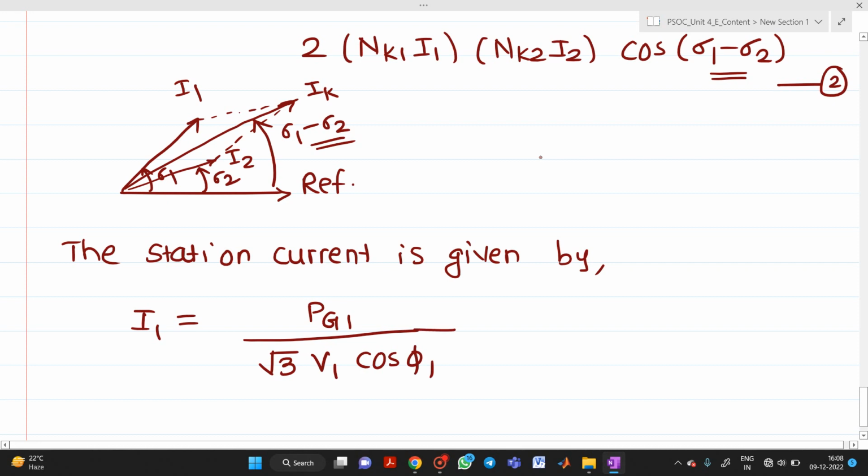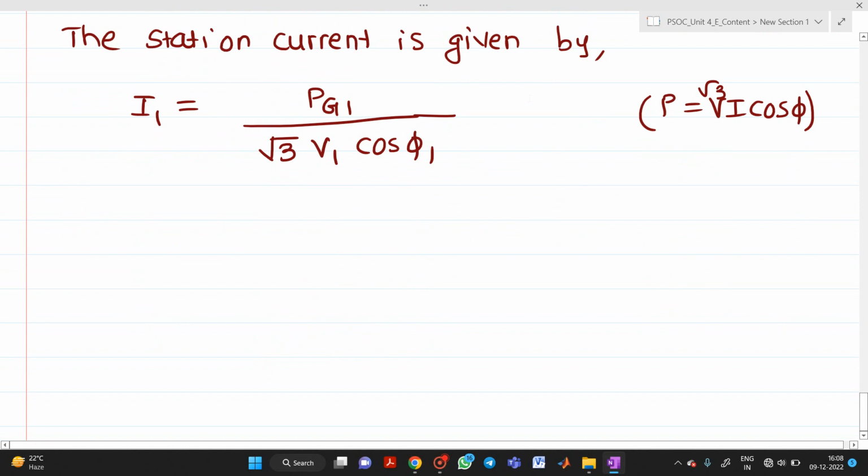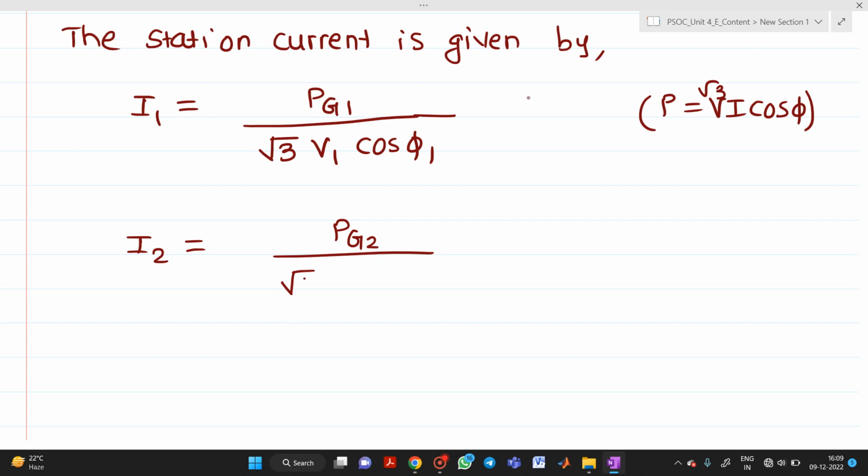You will ask me, sir, from where have we written this formula? We know P equals Vi cos phi. If it is 3-phase, it will be root 3 into Vi into cos phi. Similarly, we can write the value of current I2 equal to Pg2 divided by root 3 into V2 into cos phi 2.